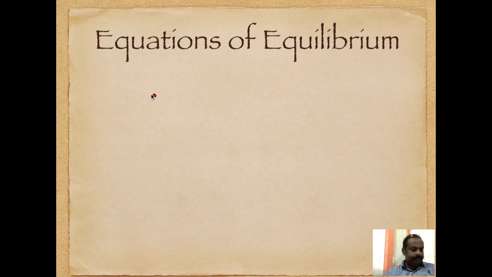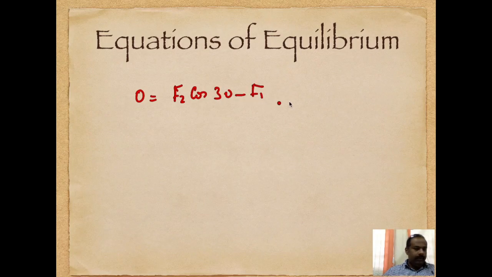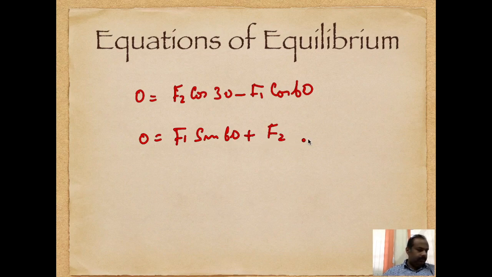So I'll do that. You need to write down that 0 is equal to F2 cos 30 minus F1 cos 60, and the second one, 0 is equal to F1 sin 60 plus F2 sin 30 minus F3.